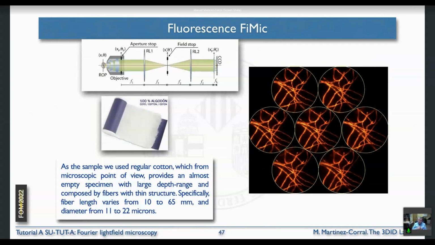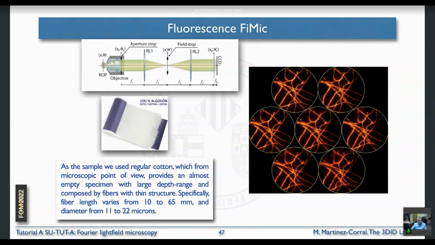As the first example, we use a regular cotton, which is nice because it provides some fibers, long and narrow, and we had many fibers in the depth of field of the instrument, and we obtained these 7 elemental images.